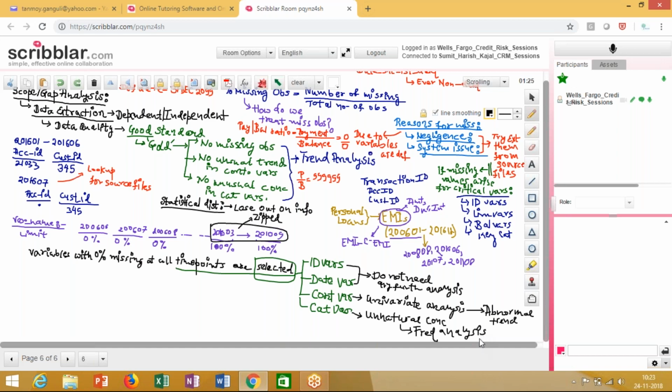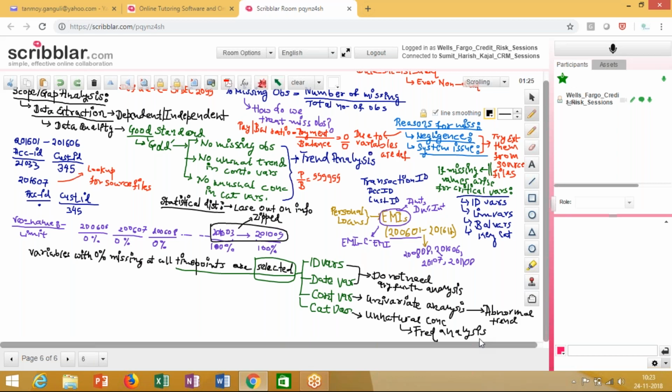So these are the three broad analyses that we would be performing in the next stage. First, all the variables are passed through the missing observations check.